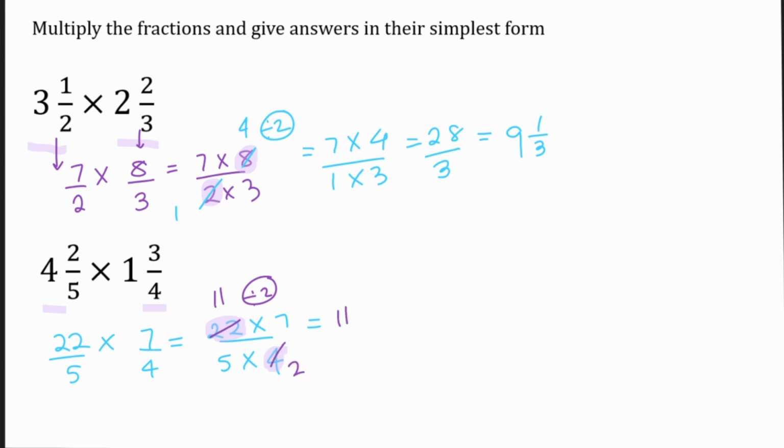I'm now going to rewrite this as 11 times 7 over 5 times 2. So this will now be 77 over 10. And to write this as a mixed number, 77 divided by 10 will give me 7 wholes, a remainder of 7, and a denominator of 10.